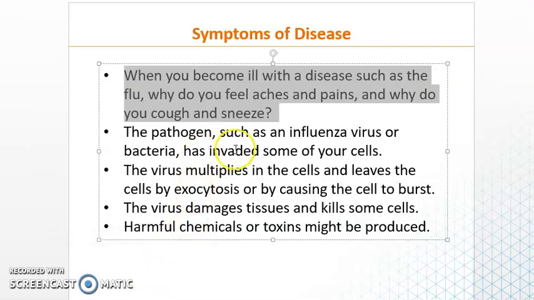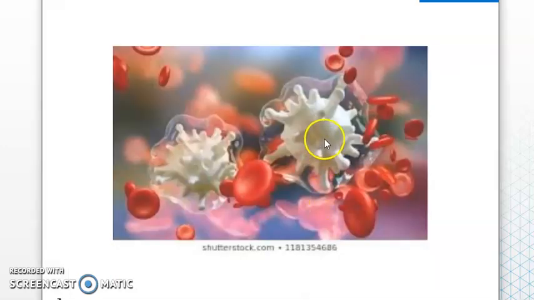First, how do the pathogens cause the symptoms? For example, if we take influenza as an example for the pathogens, influenza can be caused by viruses or even bacteria. How do they cause the symptoms? They invade the cells. As we see here, the virus is invading the cells.